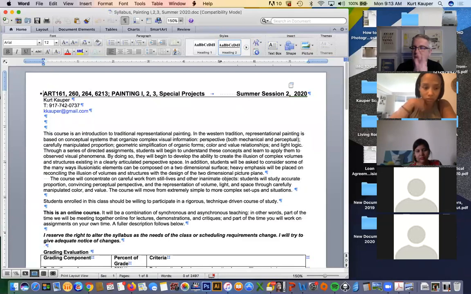I know some people have been in my classes before, so you may know the answer to this, but when I say that this class is an introduction to representational painting, what does that mean? What does representational mean when we're talking about works of art? It's a very common term when discussing works of art, but what does that mean?